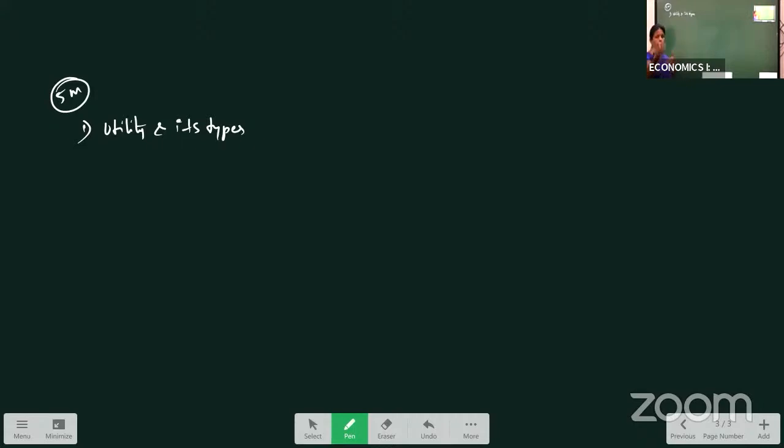The types are form utility, time utility, and so on. Now the second question we have done is the difference between micro and macroeconomics. Recently we have done this question. There are 6 points of difference between micro and macroeconomics. If you write those 6 points, that is more than enough.